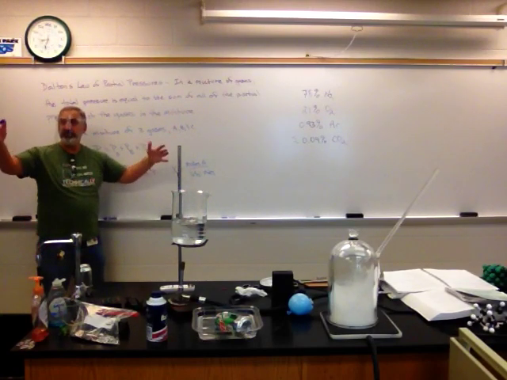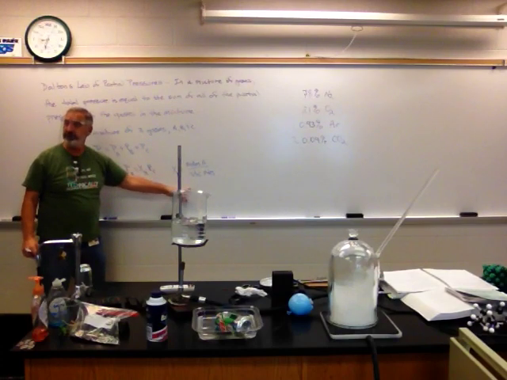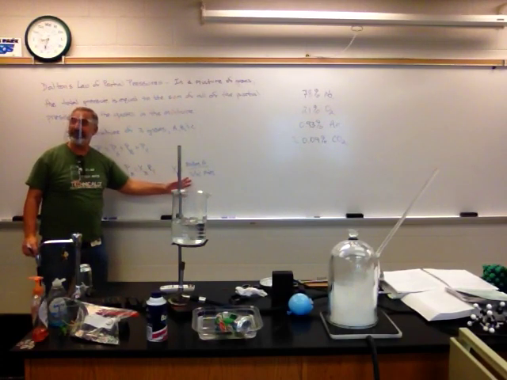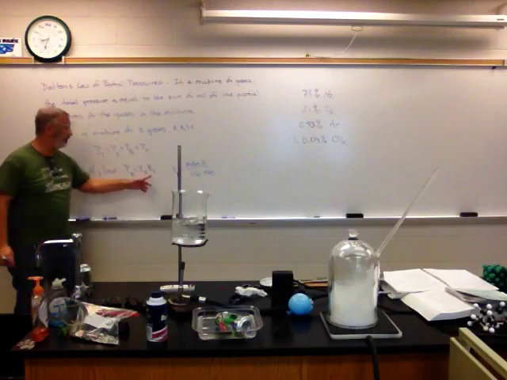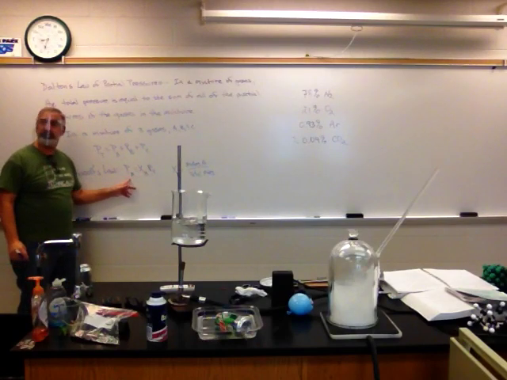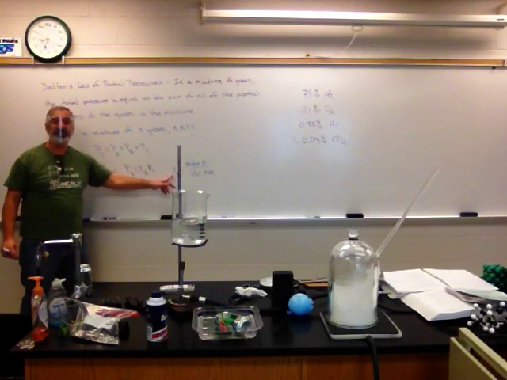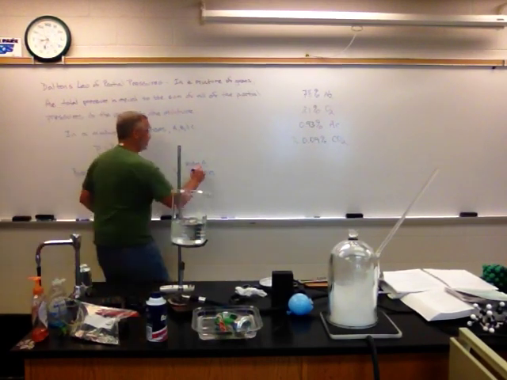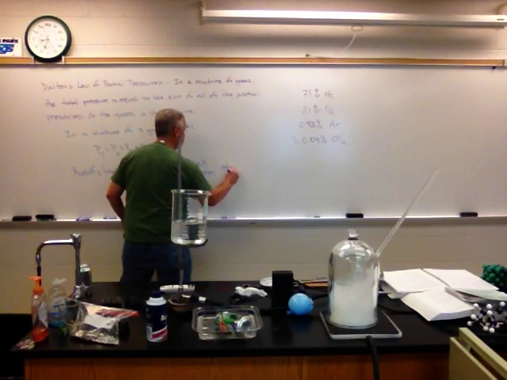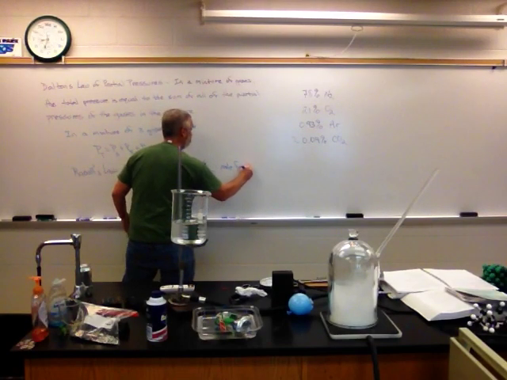We're assuming we have 100 molecules, 78 out of every 100. So the mole fraction is 0.78 times the 1 atmosphere gives me the partial pressure of the nitrogen. Mole fraction is always X. I forgot to define that.